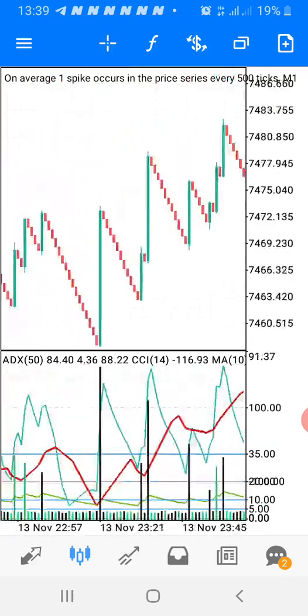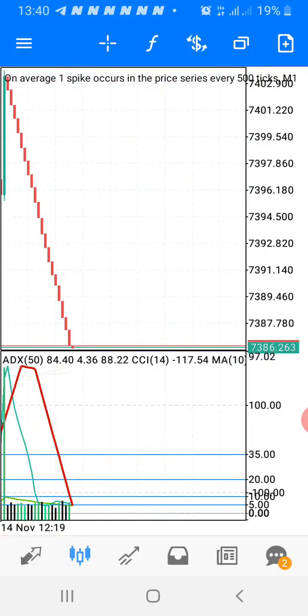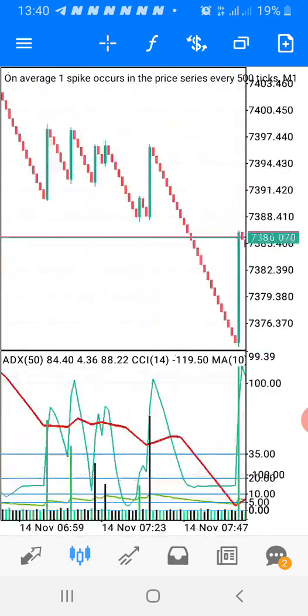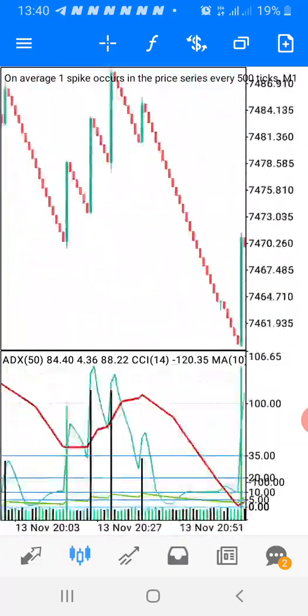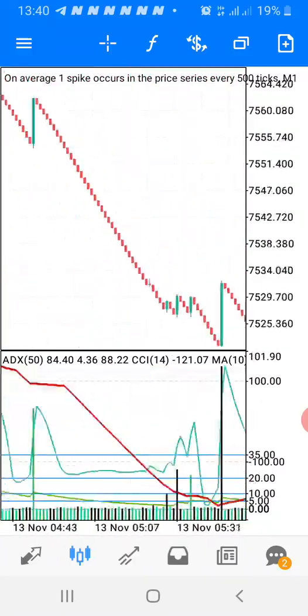So this strategy works well. Just use it well. Avoid risk. We are still waiting for this one. You can see the crossing just started, though it has not been finalized, but I'm expecting the spike. It works well.